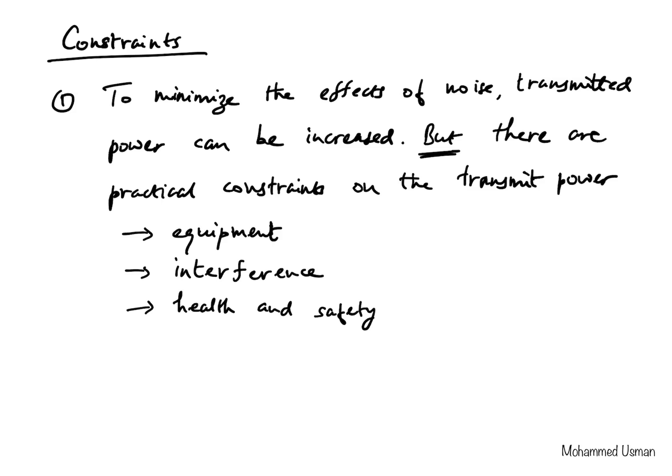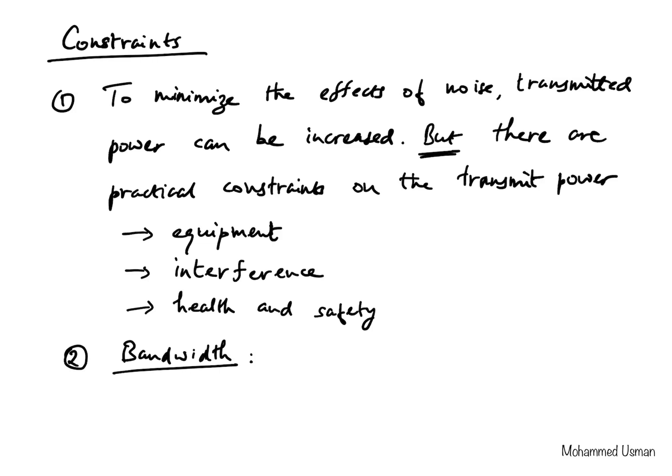Second constraint that we face on a communication channel is that of the bandwidth. So the channel bandwidth available for a specific user has a limitation. Let me write that clearly. Okay, so there is limited availability of the channel bandwidth, and as we discussed in the previous lecture, the capacity of a channel is related to the bandwidth available.